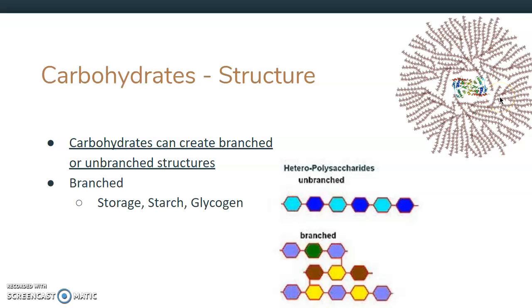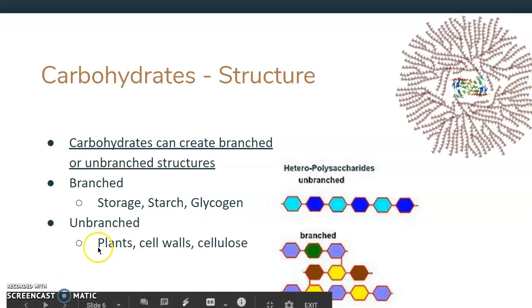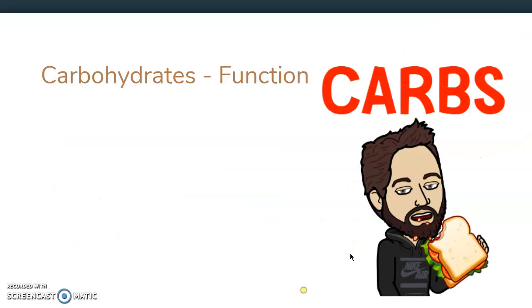Our branched carbohydrates are used in energy storage, and some examples are starch and glycogen. And our unbranched ones, our brick laying ones, are used in plants for cell walls and cellulose. So these unbranched are structural, much more structural, and these branched ones are much more energy storage.